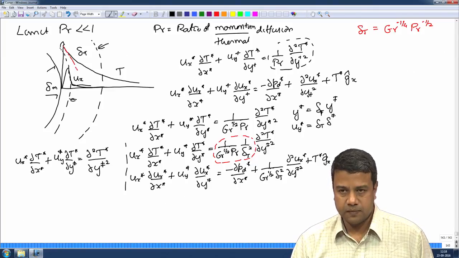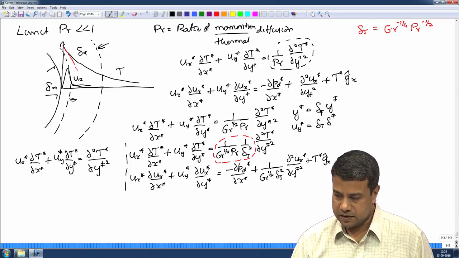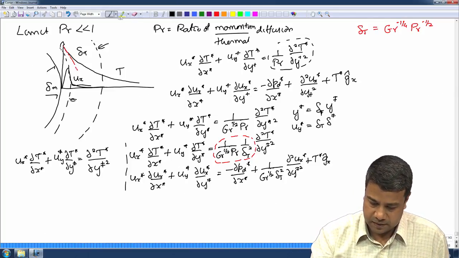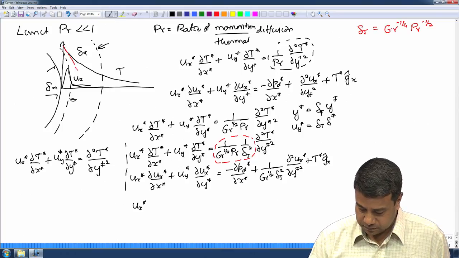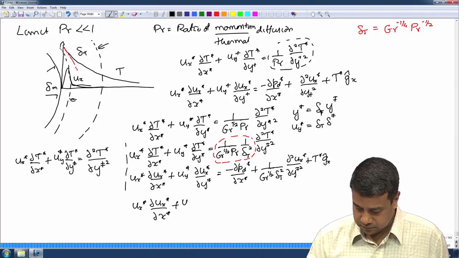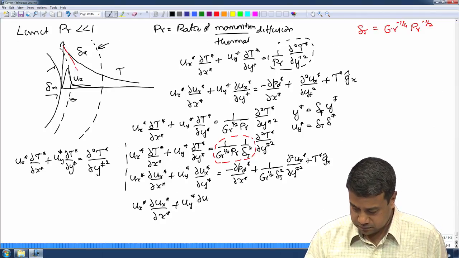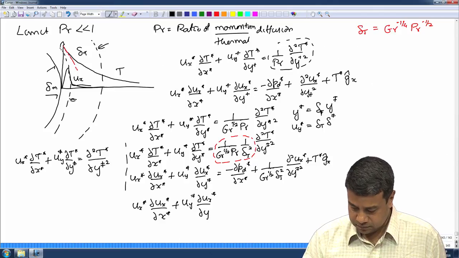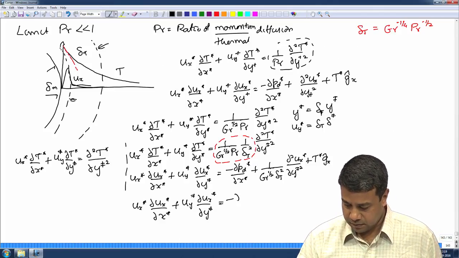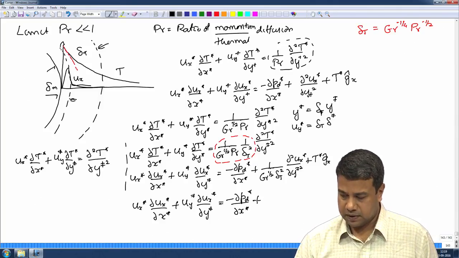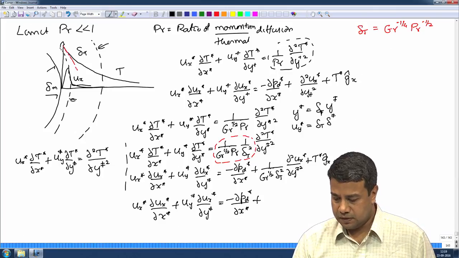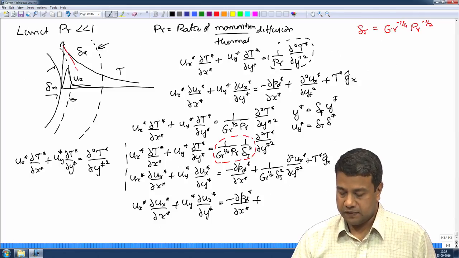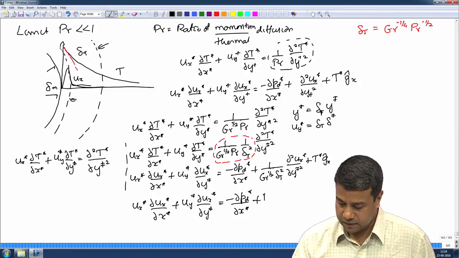And the momentum equation, if I use this definition for the boundary layer thickness, I will get delta T goes as Gr power minus half, minus 1/4 Pr power minus half. So, if I divide throughout by that, what I am going to get is a factor of the Prandtl number here.